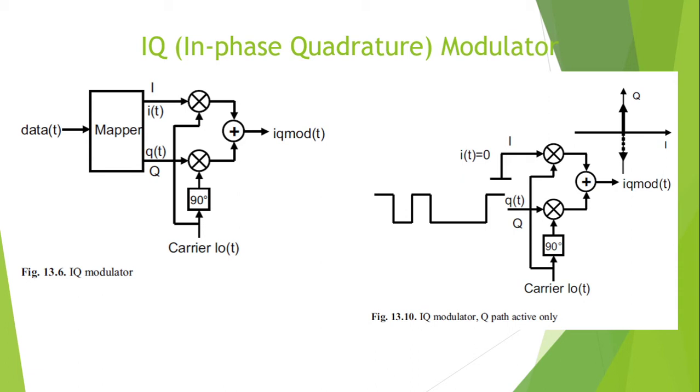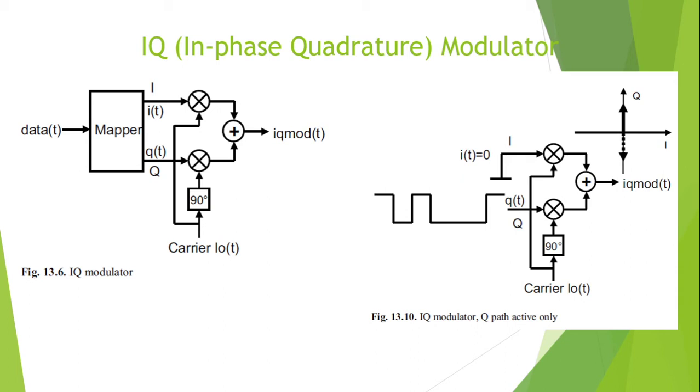The I and Q modulation products are combined in an adder. The product IQ mod of t, the IQ modulated signal, is therefore the sum of the output signals of the I mixer and the Q mixer.